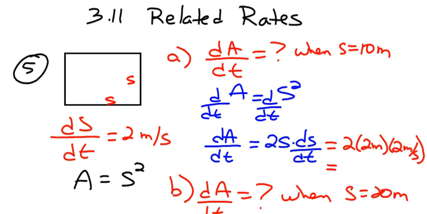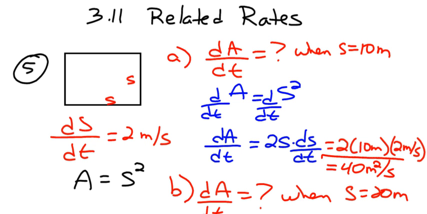I substituted the wrong thing in, sorry. Let me check again. I have 2 times 10 meters is my side length, and my rate of change is 2 meters per second. There's where I wanted to substitute in. So from here, I'm going to multiply my coefficients, and multiplying my units, I have meters squared per second. That's the rate of change of the area when the side length is 10 meters.